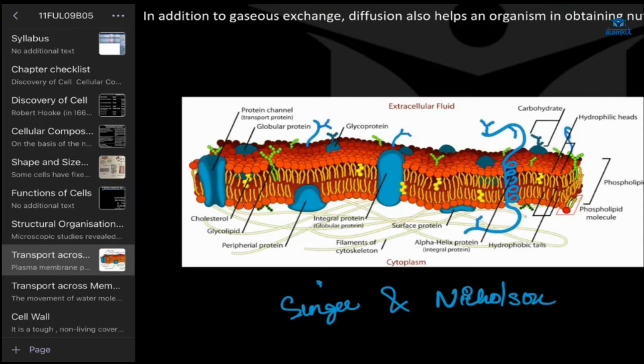You can remember this; it will be there in competitive exams. This is the model for the plasma membrane. These scientists researched and came up with the idea that the plasma membrane looks like this.